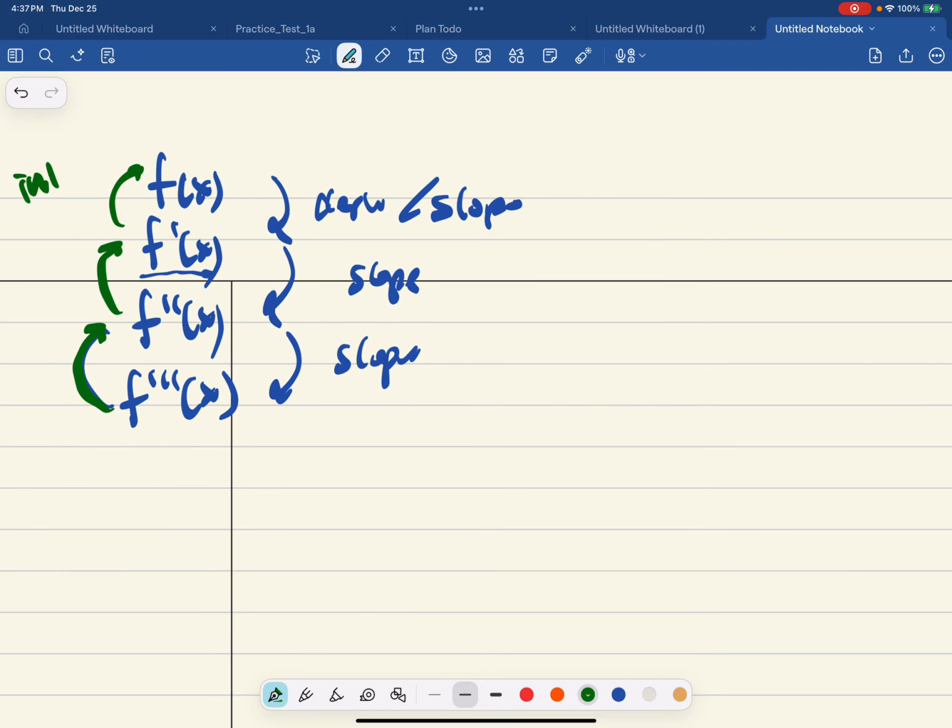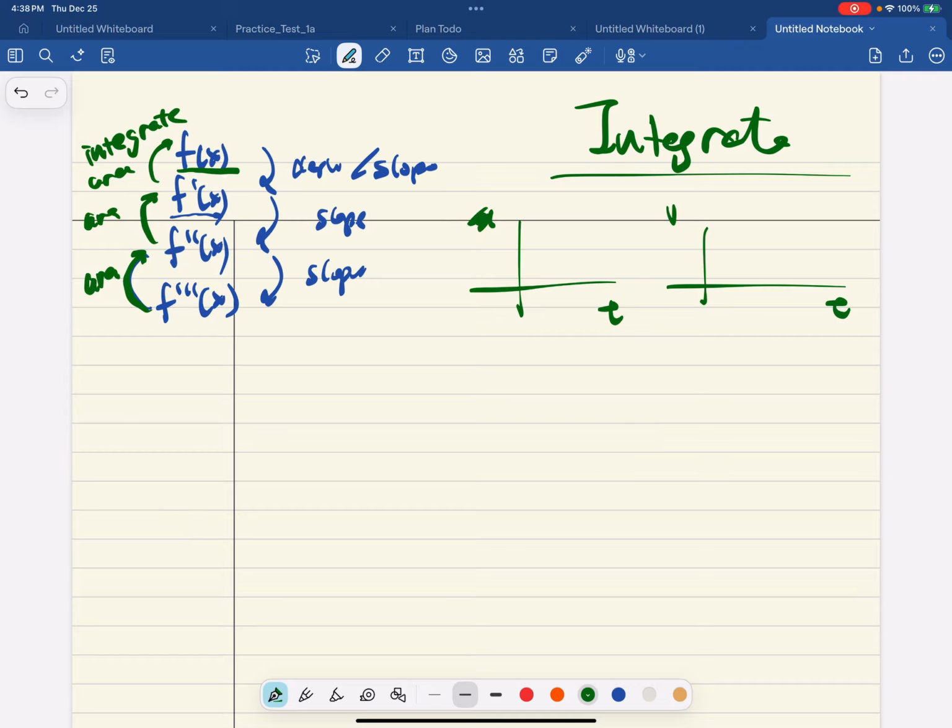But let's say there's a position time graph that goes like this, and a velocity time graph. The area underneath is equal to the function itself, and the slope of the function is equal to the velocity time graph, where here will be f of x and this will be f prime of x.